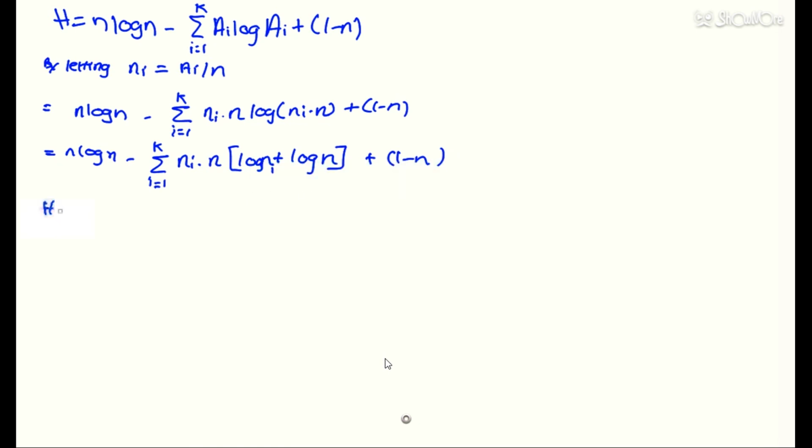Therefore h will become 1, like this becomes 1 minus n.